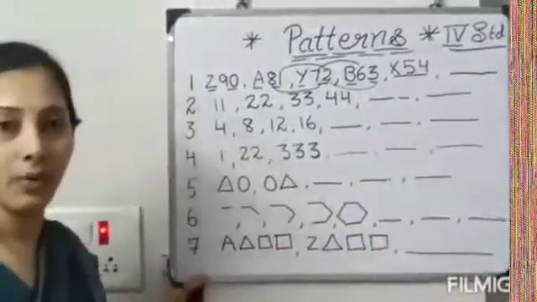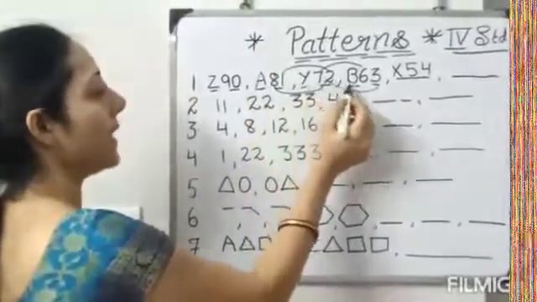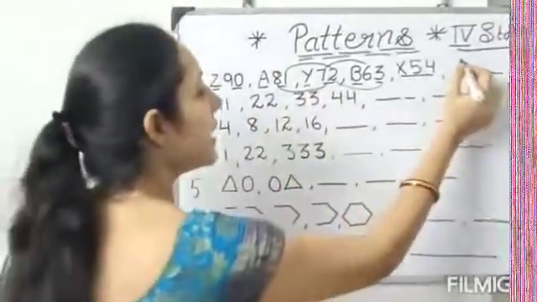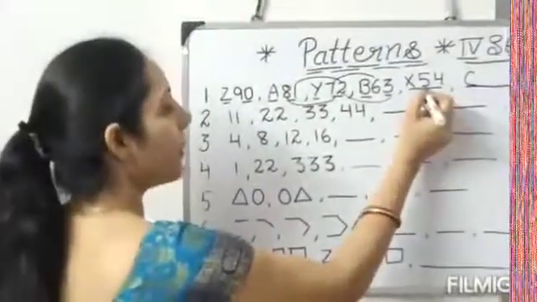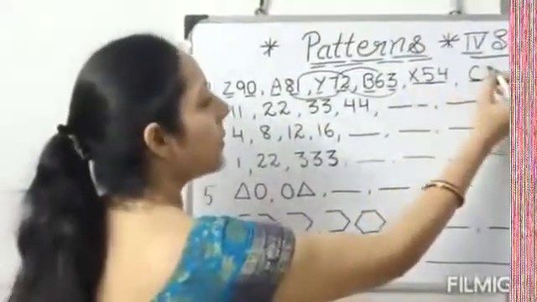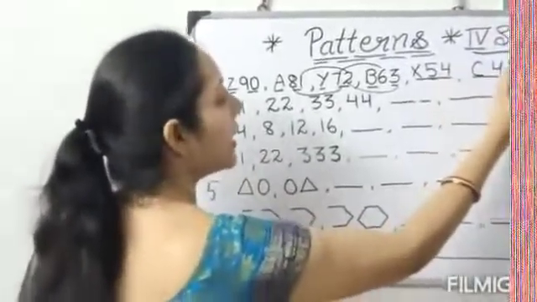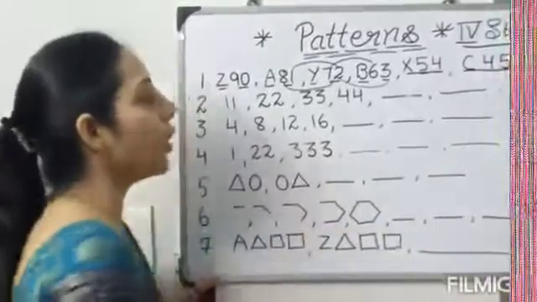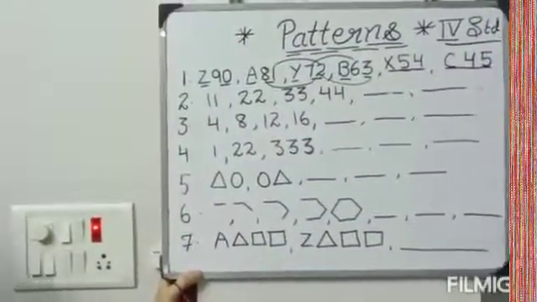X 54 will come. Next, see, A, B. What will come for us? C. Very good. Again, this number will decrease and this number will increase. So, what is our fill-up? Our fill-up is C 45.